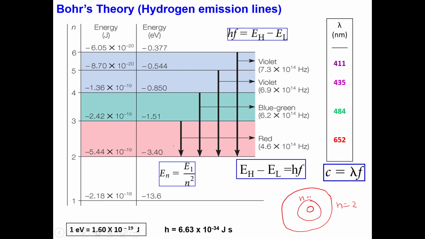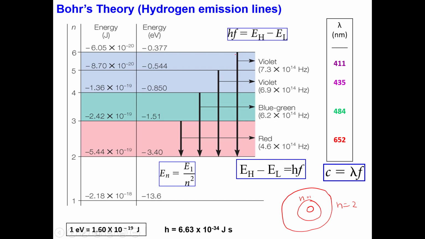This equation allows you to calculate the energy for any orbit. You just need to divide by n to the second power. If it's the second, you divide by 4. For the third, you divide by 9, because 3 to the second is 9. For the fourth, you need to divide by 16. Once you know the energy for each orbit, you can calculate the difference between the energies of the orbits where the electron moves.